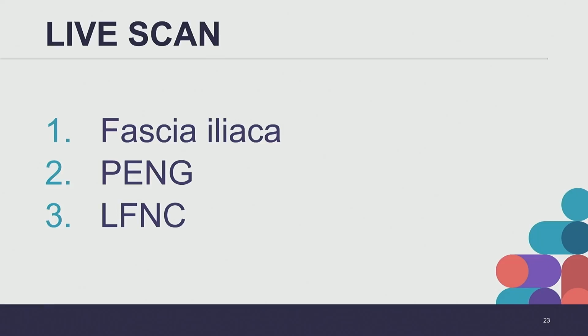There. So that's the deep circumflex iliac artery, which lies between the abdominal muscles and the iliopsoas muscle. That tells me that this is the perfect plane for a suprainguinal fascia iliaca block, since I have a linear probe.